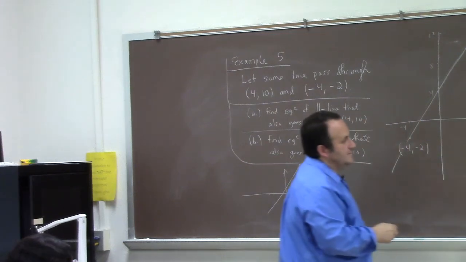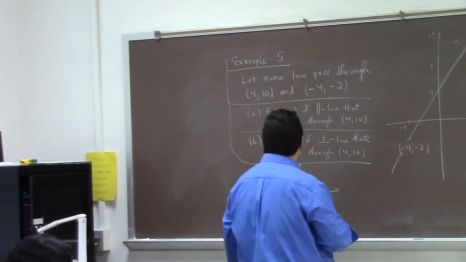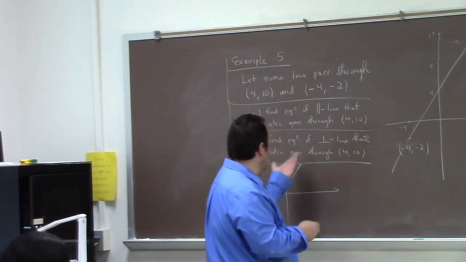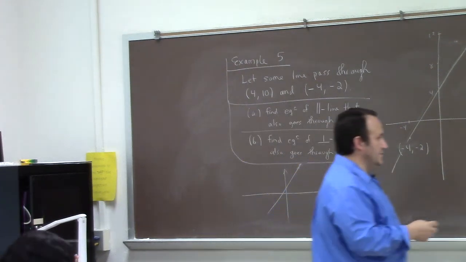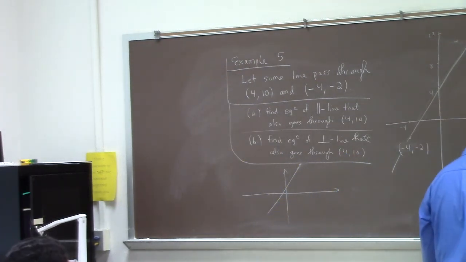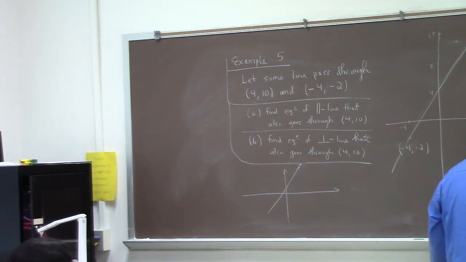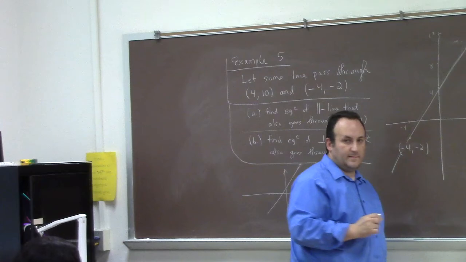B, find the equation of the perpendicular line that goes through (4, 10). So the perpendicular line has m equal to minus 1 over 3/2, right? What is minus 1 over 3/2 also known as?